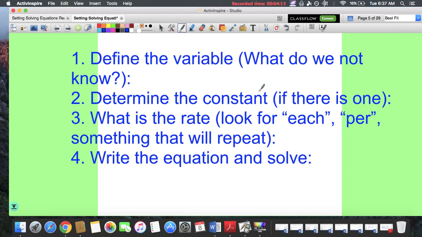Is there a number by itself, without a variable? What is the rate? Look for the words each, per, or something that will repeat. Those are clues as to what your variable is going to be attached to. Then write the equation and solve. So let's go through a few examples.